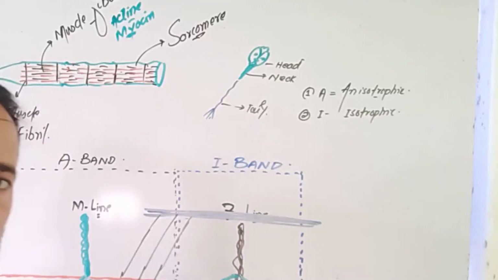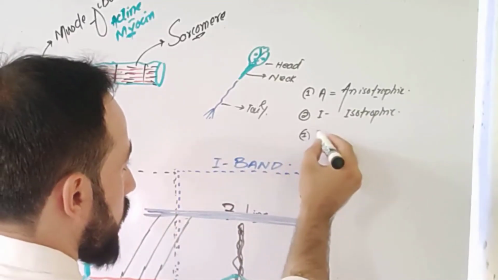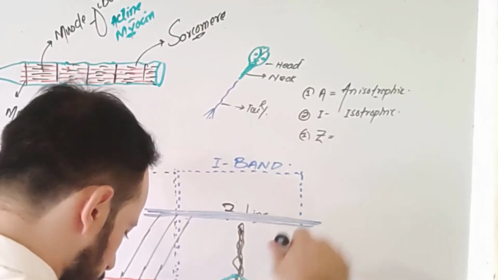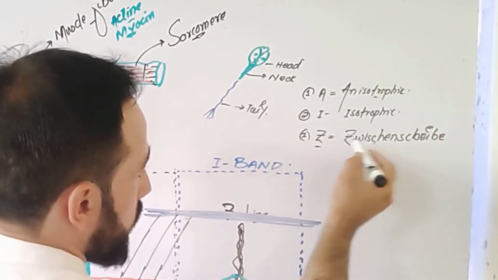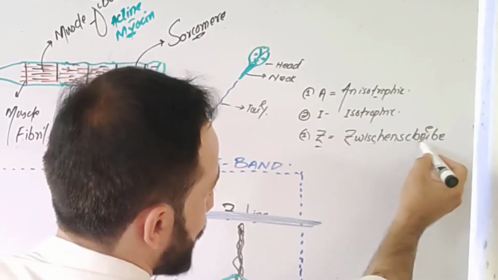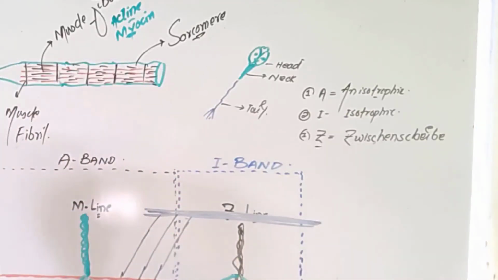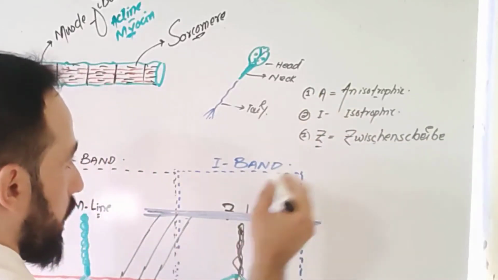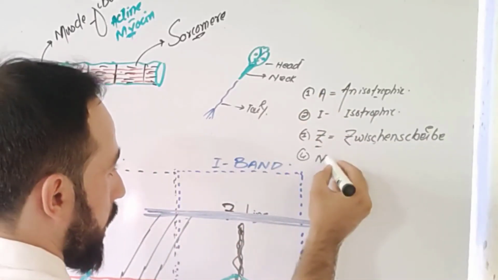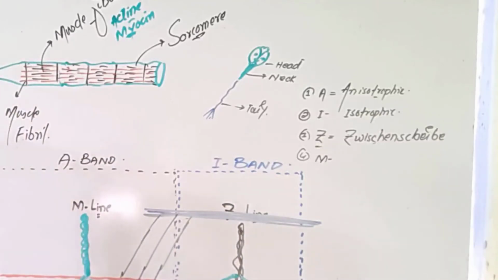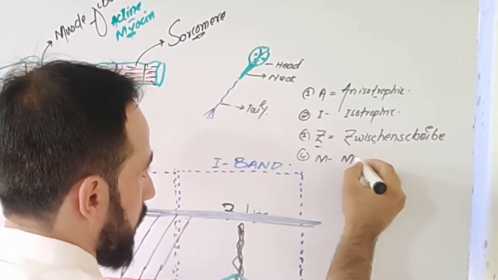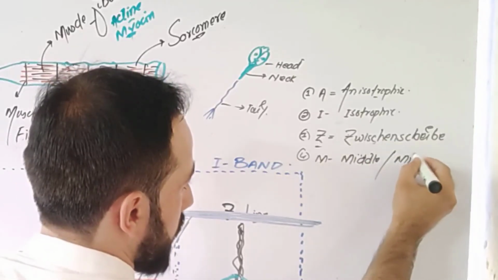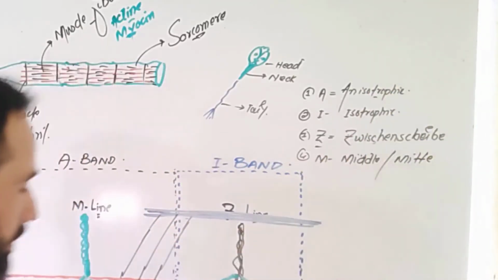Then there is the Z line, number 3. Z means Zwischen, let me write the spelling first, right? Z means Zwischenscheibe, or line, sorry, Zwischen line. And number 4 is the M line. M means middle, or it means Mitte, right?